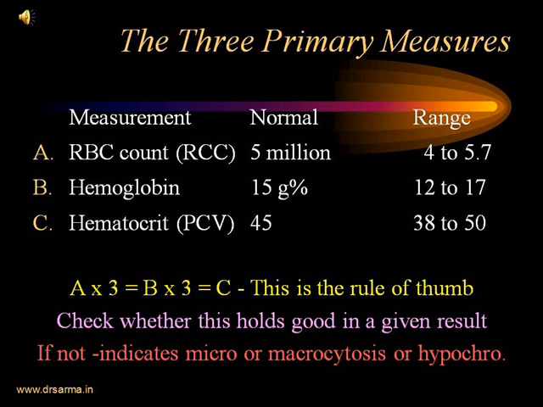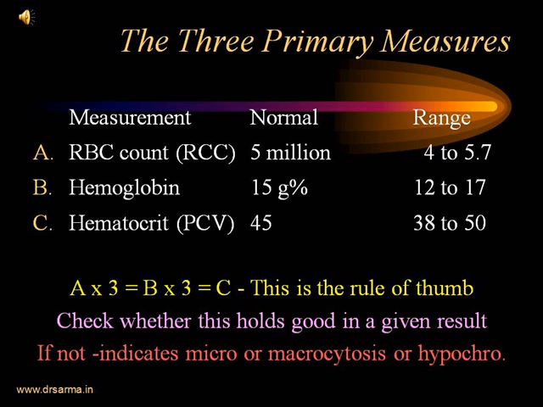Once we know the hemoglobin value and also we estimated the packed cell volume, the other important test would be to look at the RBC count, which is also called red cell count, RCC. So the three basic primary measures are the red cell count, RCC, the hemoglobin, and then the hematocrit. Let us put them here as shown in the table as A for the RCC, B for hemoglobin, and C for hematocrit.